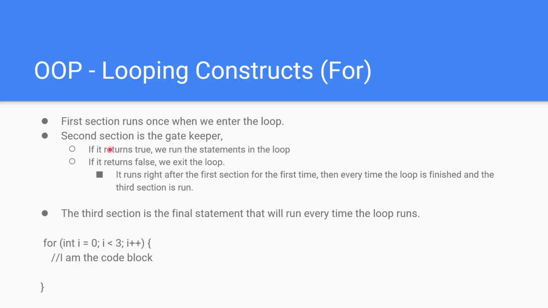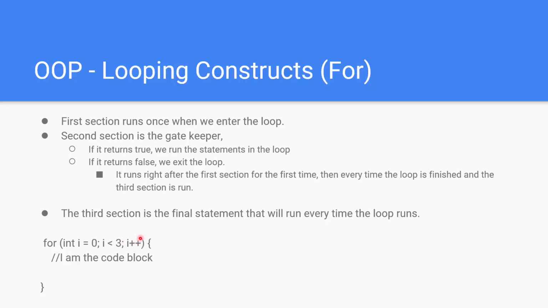The second section is the gatekeeper. If the second section is true, the statements in the code block continue to run, so we continue to loop. If false is returned for this condition, then the application exits the loop. And the third statement is the counter, so it's counting how many iterations of the loop have run.